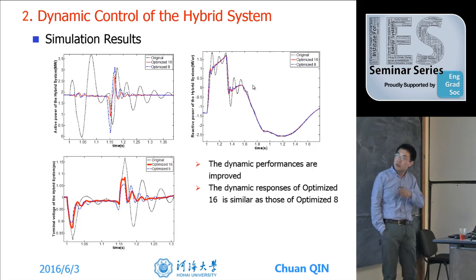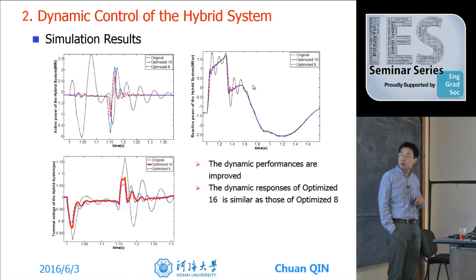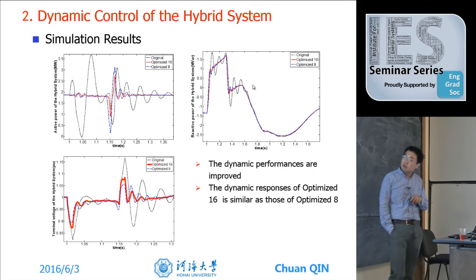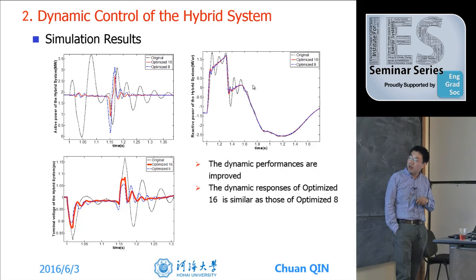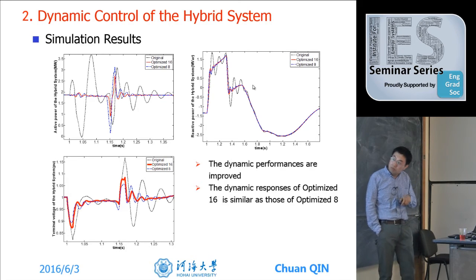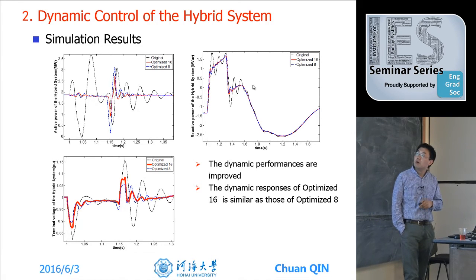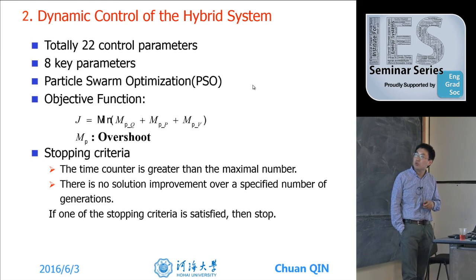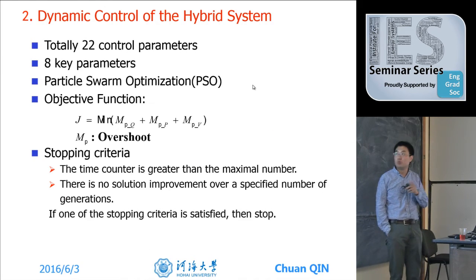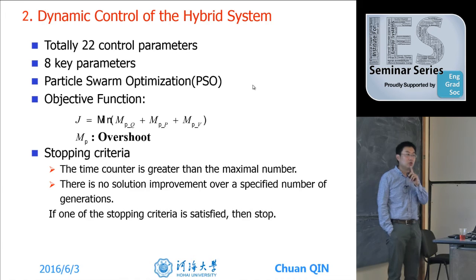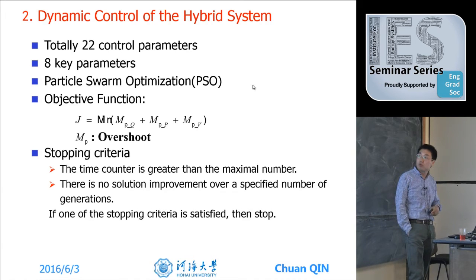So we can find that after the optimization, the dynamic performance is improved, and the dynamic responses of the optimized 16, the red line, and the blue line are similar. So we can optimize only the 8 key parameters to improve the dynamic response.